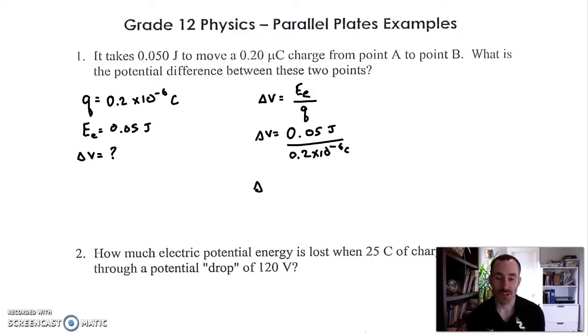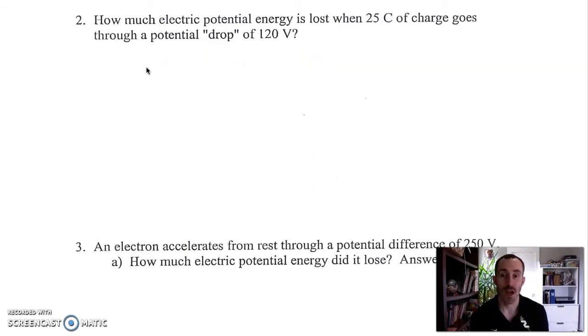And so the potential difference between those 2 points is 250,000 volts. That's a lot. How much potential energy is lost when 25 coulombs of charge goes through a potential drop of 120 volts? So let's just take a look at what's happening here.